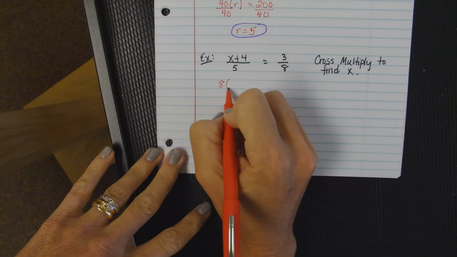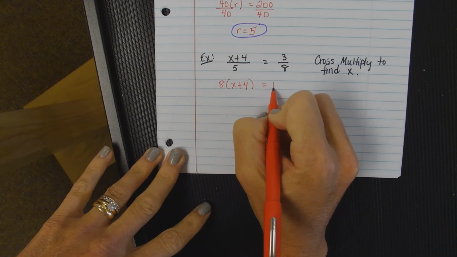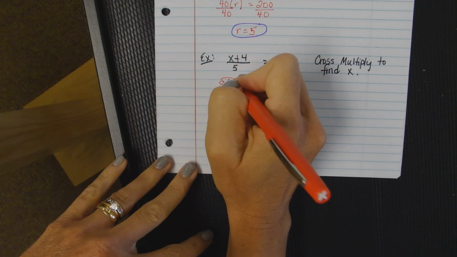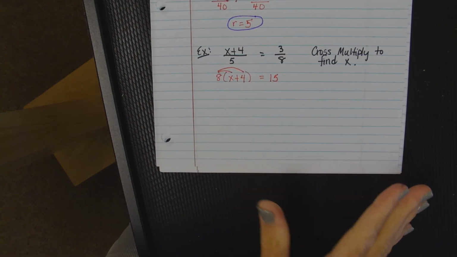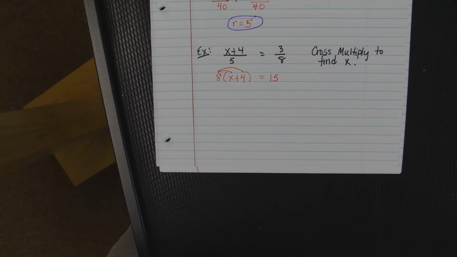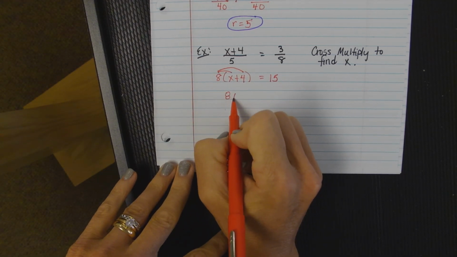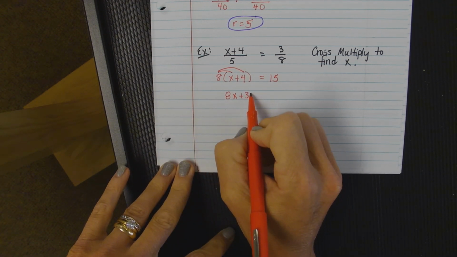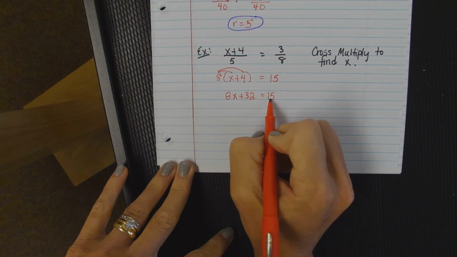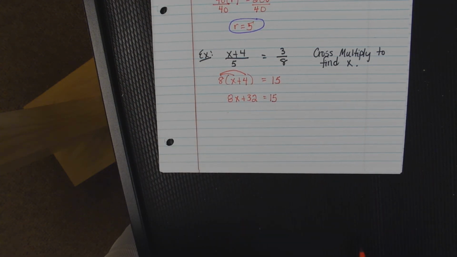So you have 8 times X plus 4 equals 15. And you will get a negative number, okay?